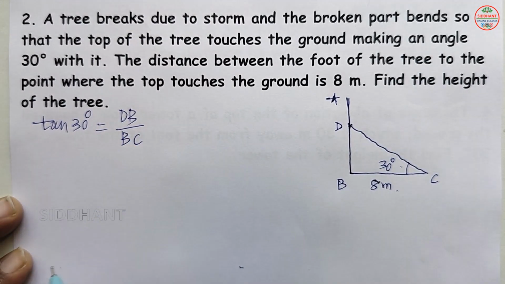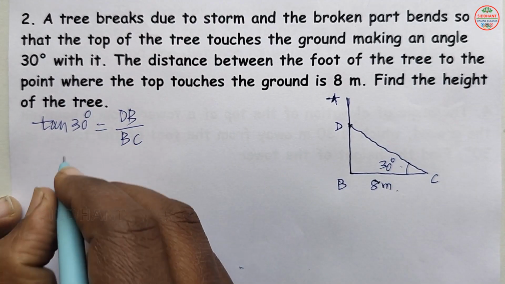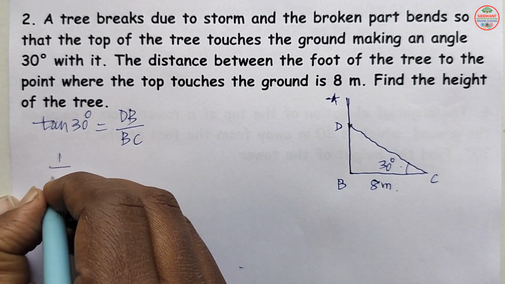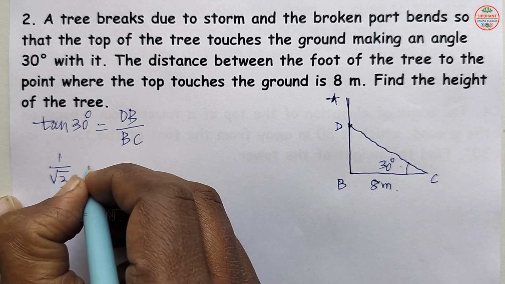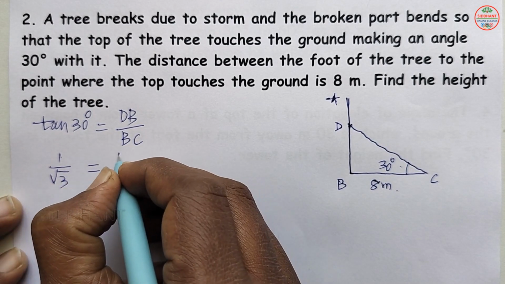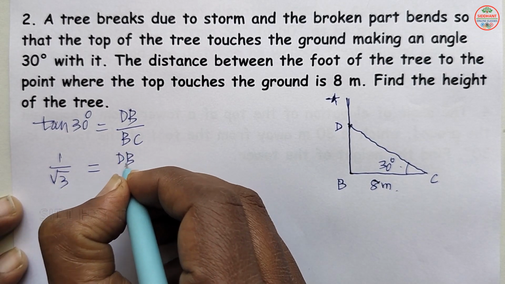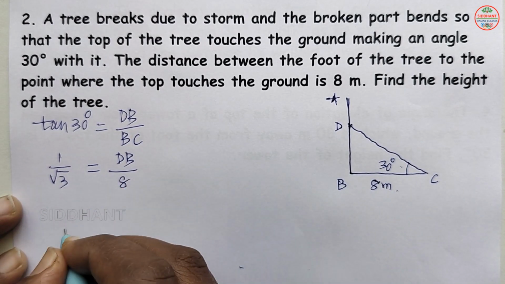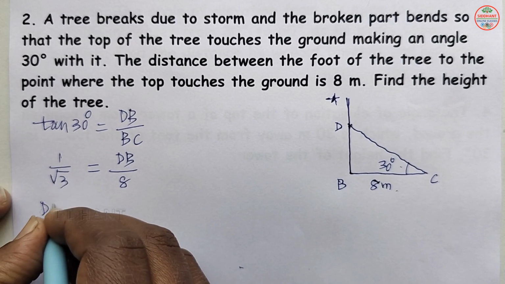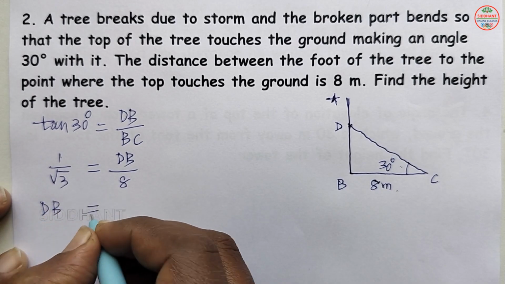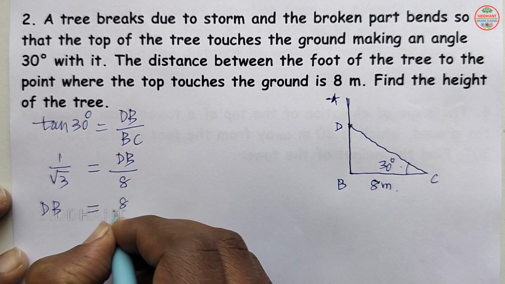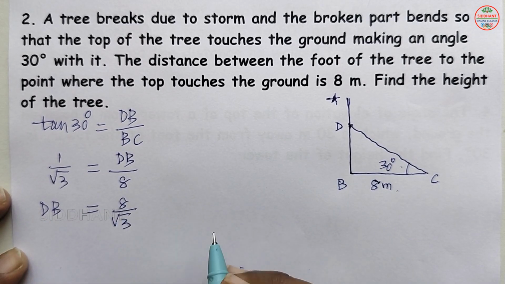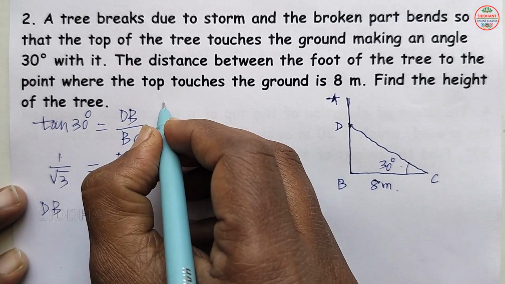Tan 30 is 1 by root 3, and DB we are going to find out. BC is given as 8 meters. So DB is equal to 8 by root 3. So this is DB.